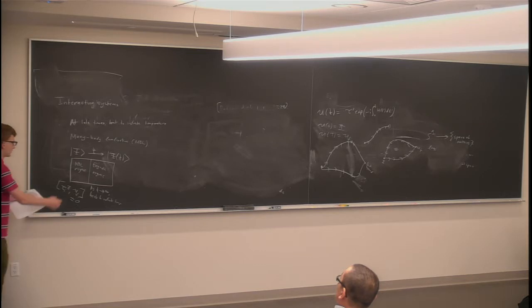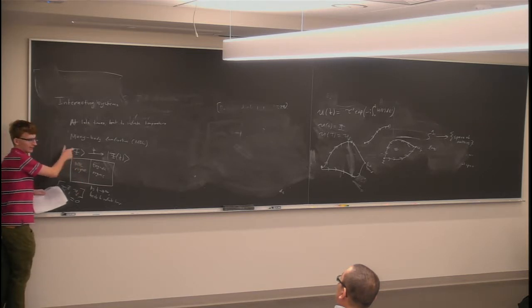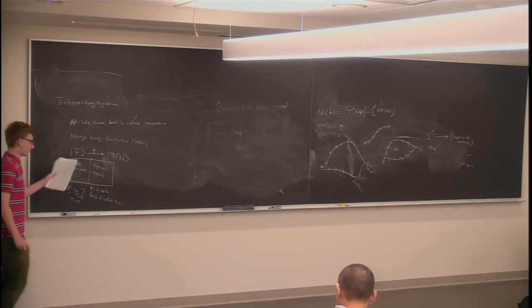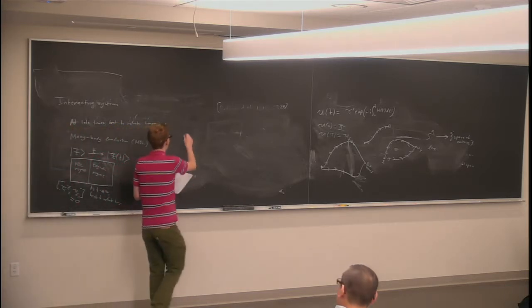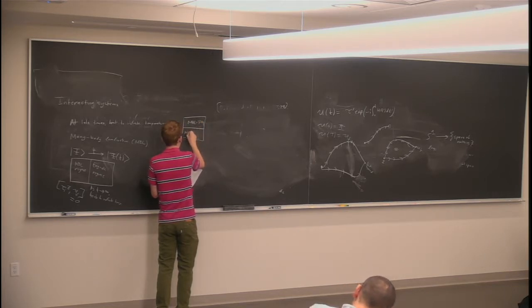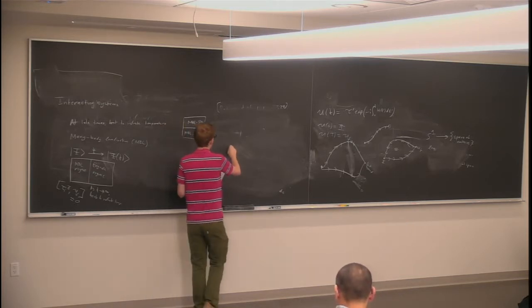So now the question is, inside of the MBL regime, are there distinct dynamical phases? The answer turns out to be yes. For example, if you have an Ising symmetry, then there are these two kinds of MBL phases, the MBL paramagnet and the MBL spin glass.